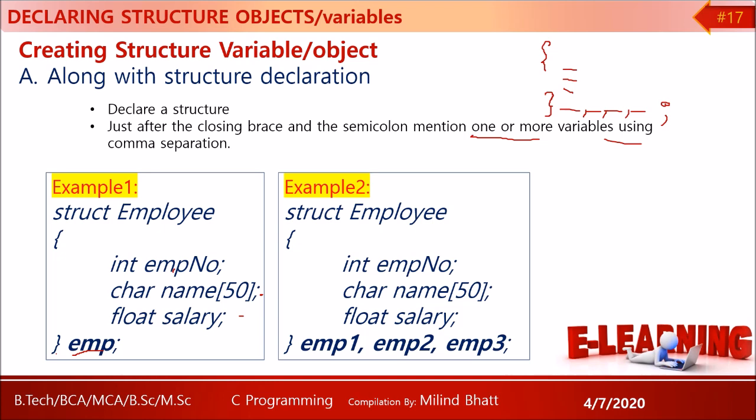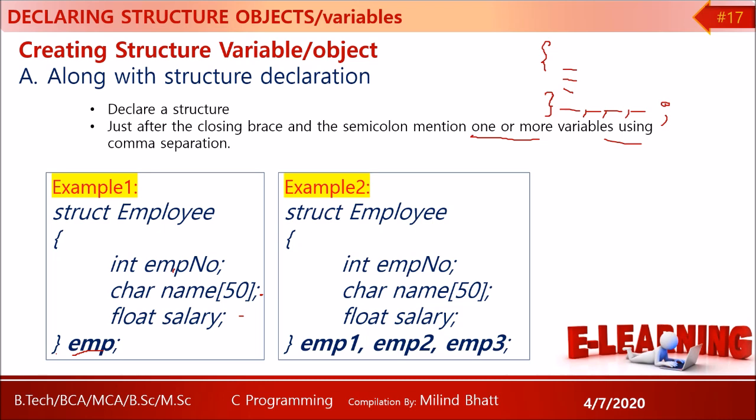Again, struct employee, integer employee number, name and salary, and now more than one object is required: employee 1, comma, employee 2, comma, employee 3, and finally I am placing a semicolon. In this way I can create objects of a structure along with its structure declaration.